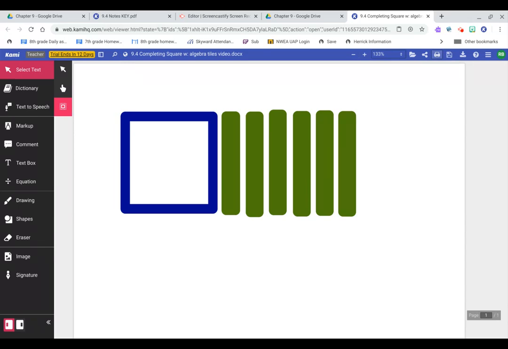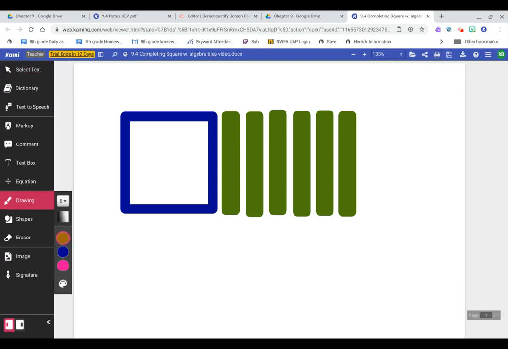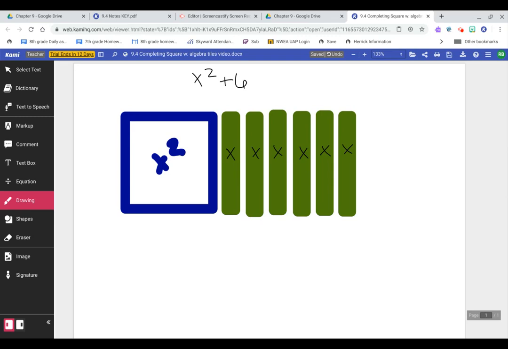So this, if you remember, represents x squared, and each one of these green rectangles would be just x. So we'd have x, x. This is actually example 1, part A. We have x squared plus 6x.